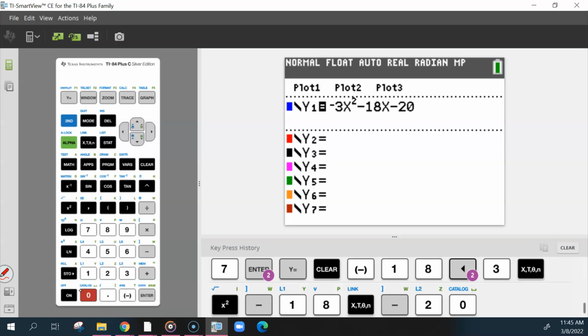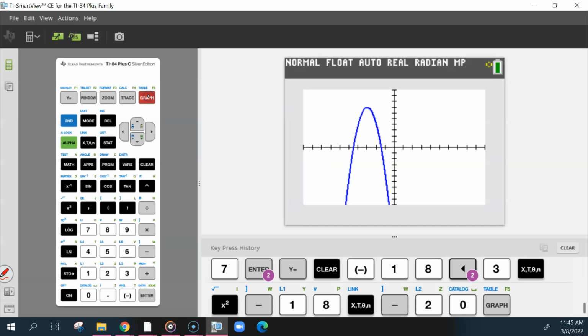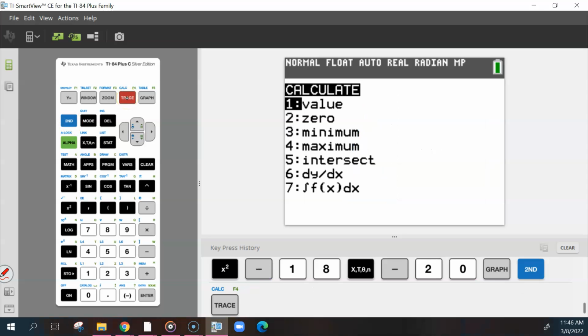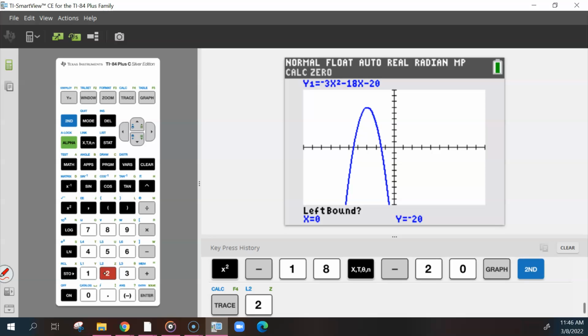Double check it in your graph just to make sure. These are in between 2 points, so we definitely have to find them. Second trace. Does not matter which one you find first. So if you want to find this one first, that's fine.